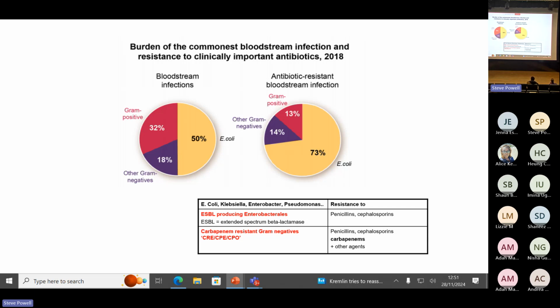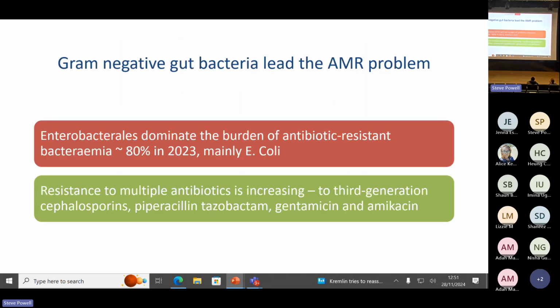I know our audience is wide. Many people will be familiar with these names, but there are ESBLs, which have resistance to some of our routine antibiotics, cephalosporins, penicillins, and then we've got our much more frightening and worrying carbapenem-resistant organisms, the carbapenems being our broadest spectrum antibiotics in routine use. Gram-negatives lead the show.